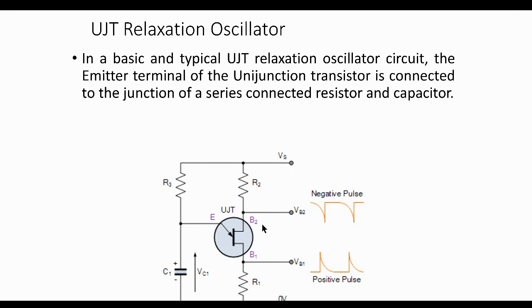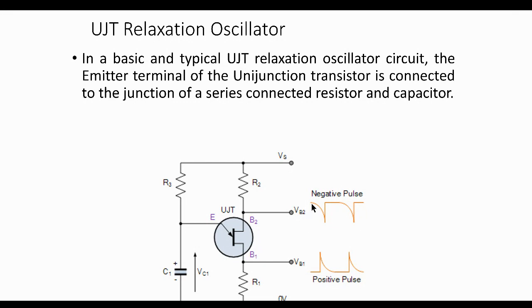But before moving on, I should point out the kind of waveform that you will observe with this type of configuration. If we look at the output, either at B1 or B2, at B1 you notice we have a positive pulse train.